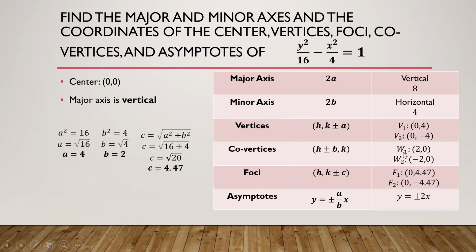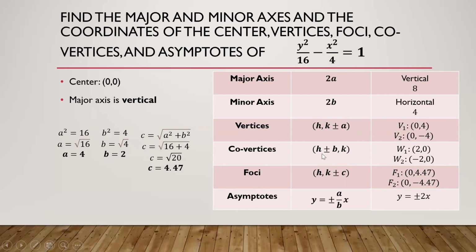So 0 comma negative 4. For our covertices, it's h plus b. So 0 plus 2 comma k. So that's 2 comma 0. Next, h minus b comma k. So 0 minus 2 comma 0. So that's basically negative 2 comma 0.